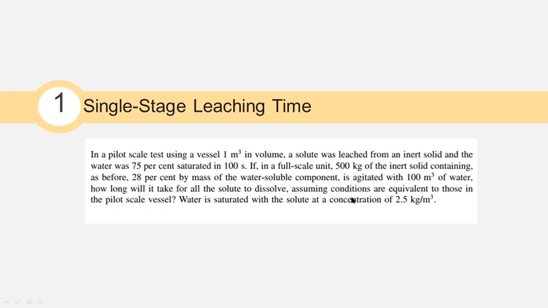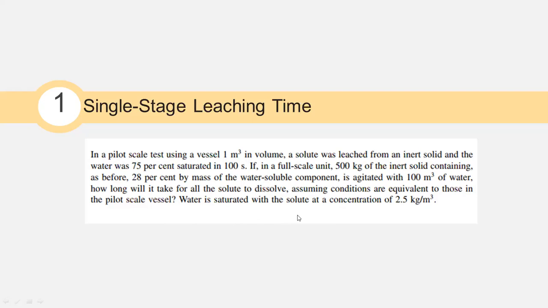So how long will you need to dissolve your solute in this 100 cubic meters of water if your solute is in a 500 kilogram inert solid matrix, both mixed together, weighing 500 kilograms? Now, water is said to be saturated with the solute at a concentration of 2.5 kilograms per cubic meter.